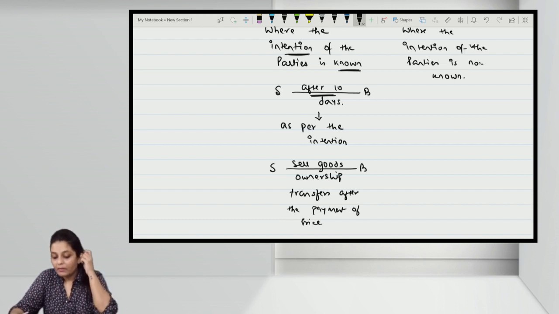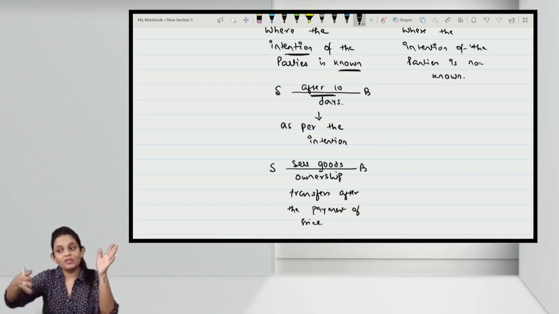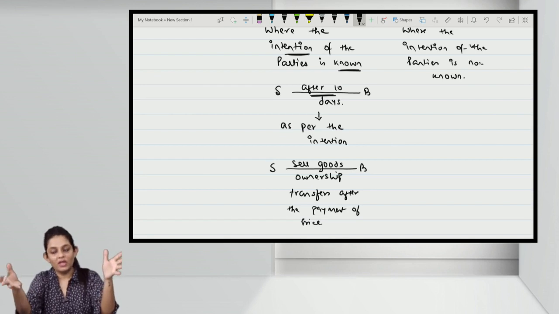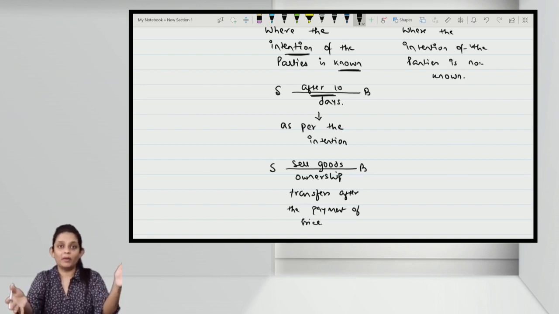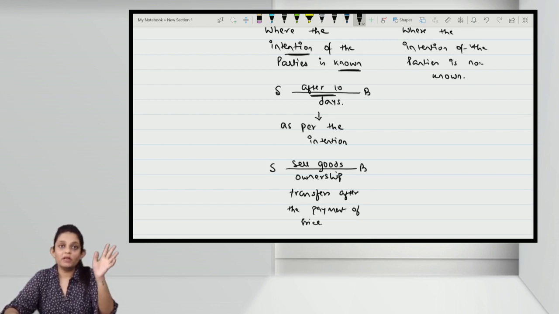Now you would tell me, ma'am, you told us that time, payment or delivery does not define ownership. Correct, I agree. But here this clause is given in the contract. So there it becomes dependent on payment. If such a clause is not given, then it is not dependent on payment or delivery. But here this clause is given that ownership will pass only when you pay me. So then it becomes dependent on it.